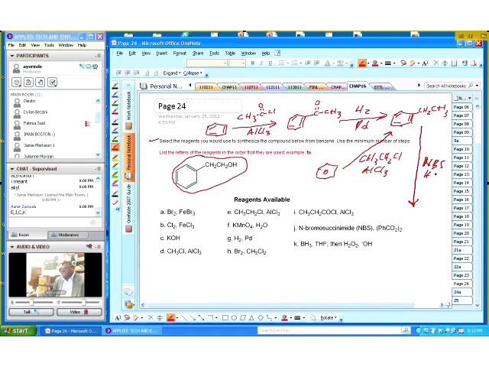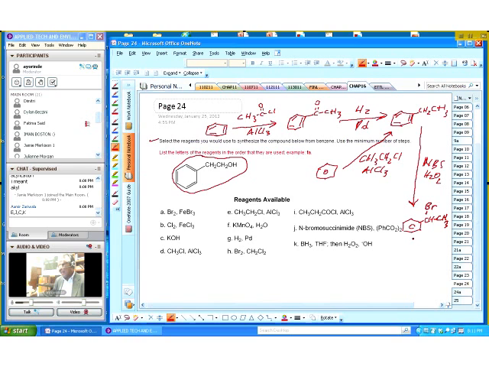So right now we want to do NBS in the presence of a peroxide, any kind of peroxide, and that will give us this here. That will give us bromine here.